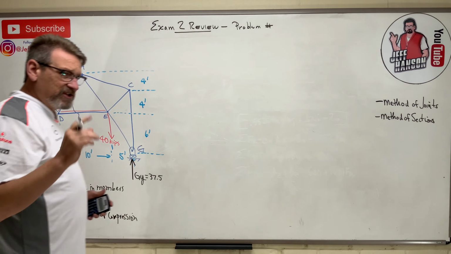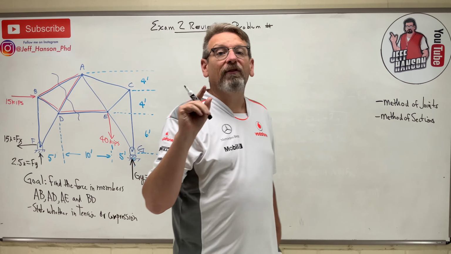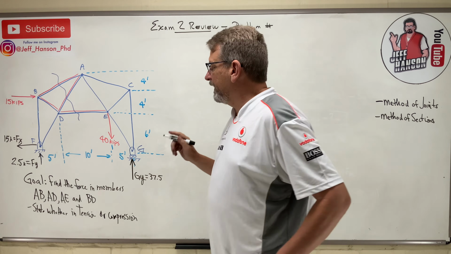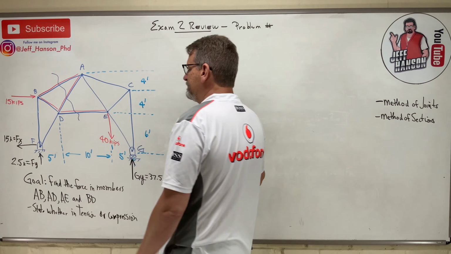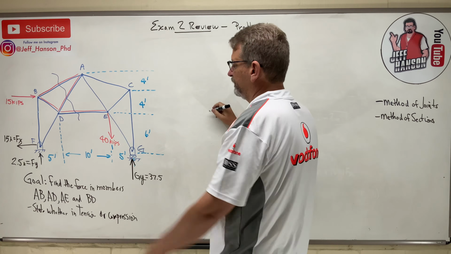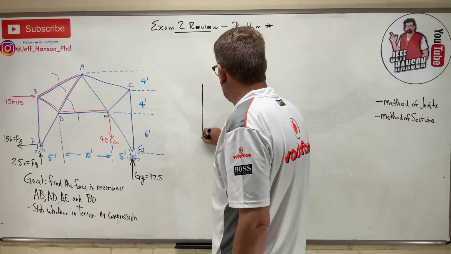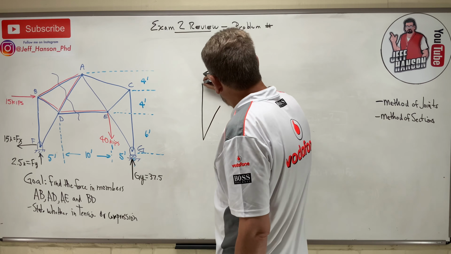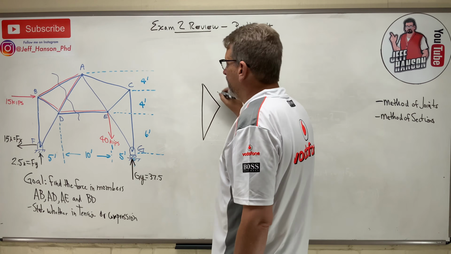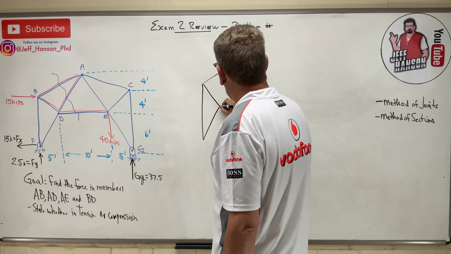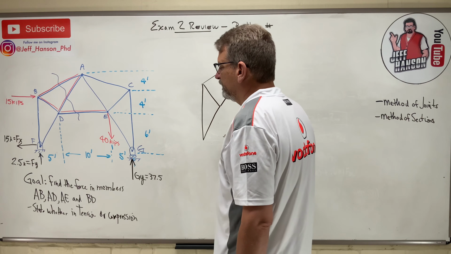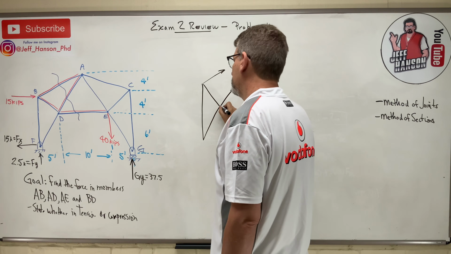So step 2 is cut through the members of interest and then draw that free body diagram. So let's do that now, which would be, you can draw the left or the right, it doesn't matter. I think I'll do the left. Okay, so I have that triangle, and then I have a force there, a force there, and one here.